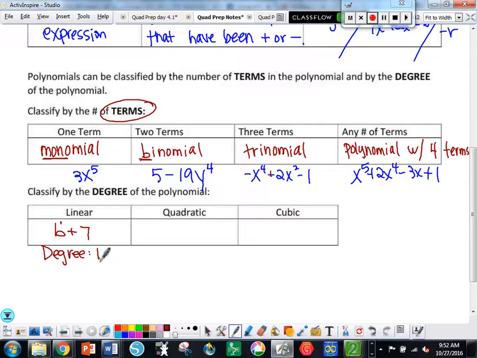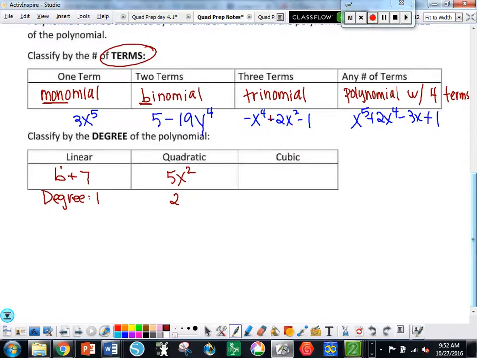When the degree is 2, it doesn't matter how many terms there are. When the degree is 2, it's called a quadratic. When the degree is 3, it's called a cubic.